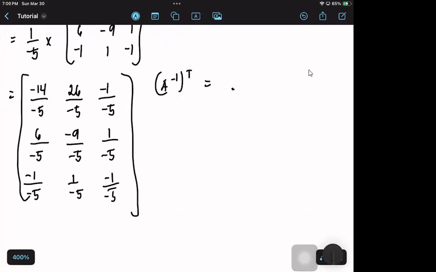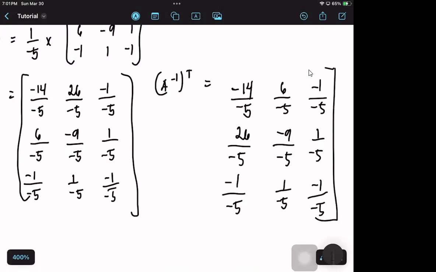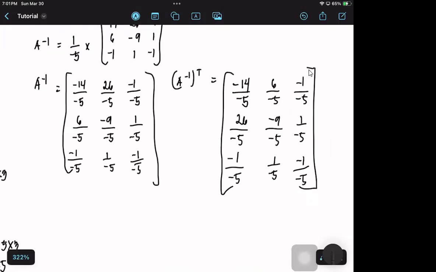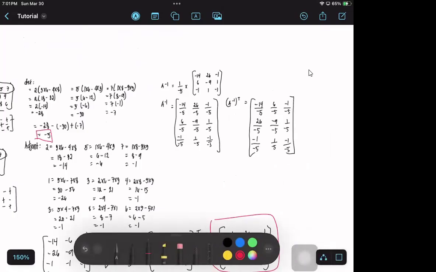So it will become -14 over -5, 26 over -5, then -1 over -5, then 6 over -5, -9 over -5, then 1 over -5, then -1 over -5, 1 over -5 and -1 over -5. So this will be the transpose of the A inverse, the final answer that you're leaving here.